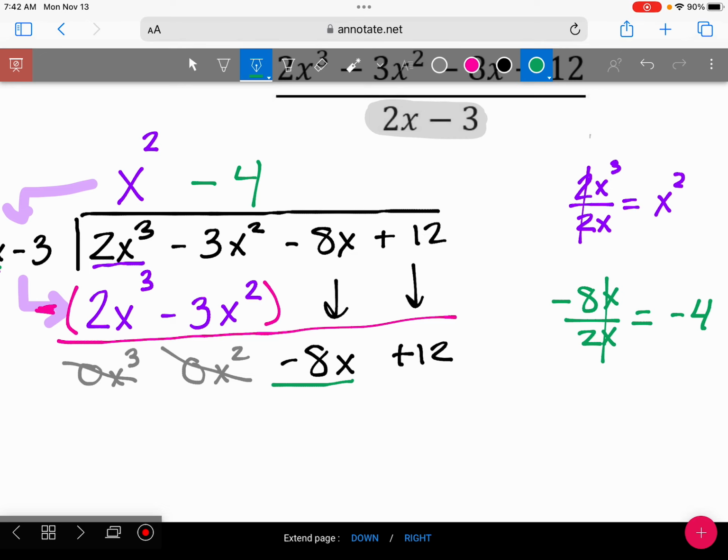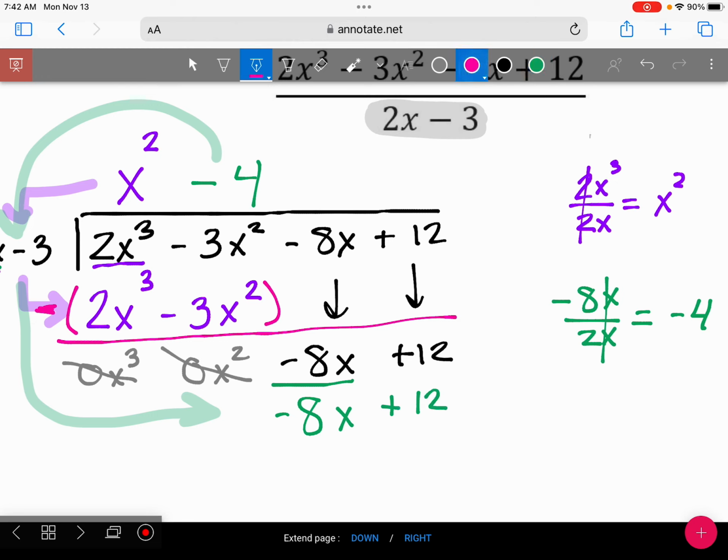So then we're taking our minus 4 times this whole factor, and it's going to go under here. Minus 4 times 2x gives us minus 8x. And minus 4 times minus 3 becomes plus 12. And we are subtracting the whole row.